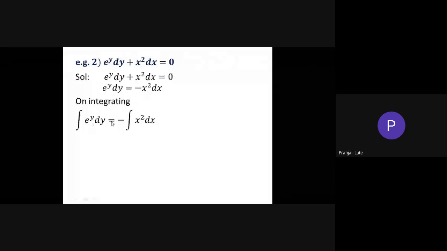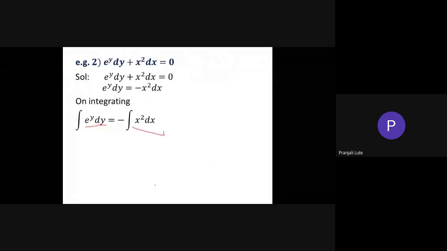So the next step is to integrate both sides. Write down the integration of e to the power y dy equal to minus the integration of x square dx. What is the integration of e to the power y? It is e to the power y, and the integration of x square is x cube upon 3.